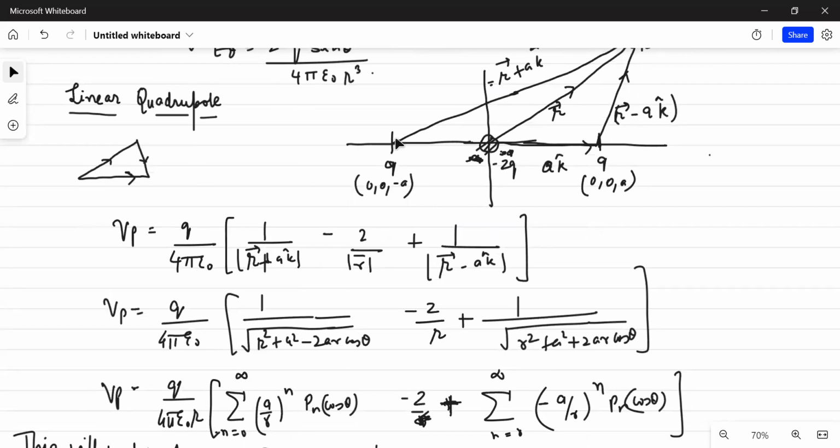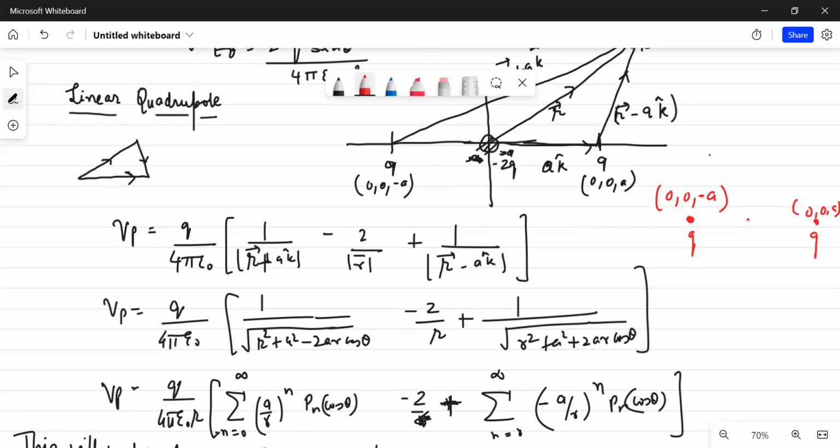In this arrangement, we had a charge q at 0 comma 0 comma minus a, another charge q at 0 comma 0 comma a, and a charge minus 2q at the center, 0 comma 0 comma 0.